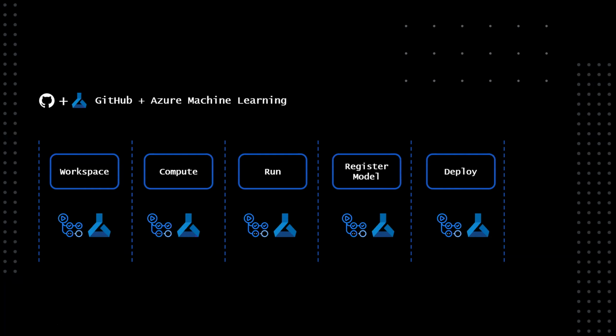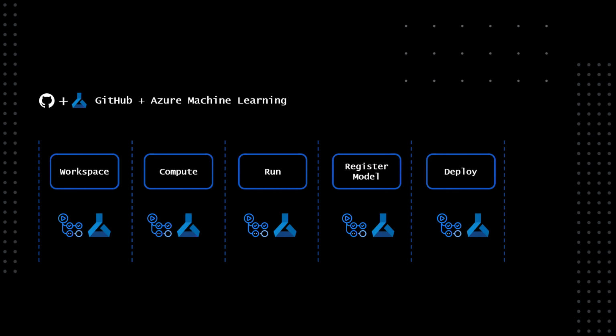Then finally, we have a register model action, which you can use to register a model in Azure Machine Learning, which can be located already in Azure Machine Learning or in your repository. And then finally, we have a deploy action, which you can use to deploy a model to a Kubernetes cluster or to a container instance.